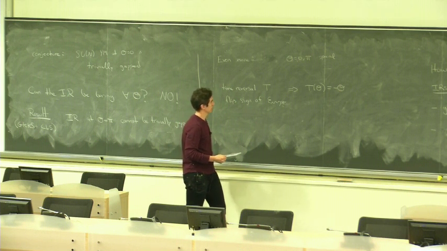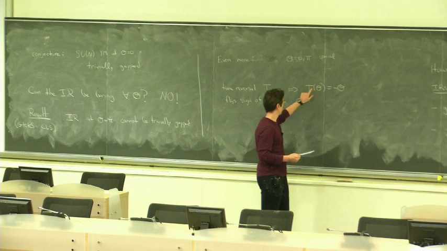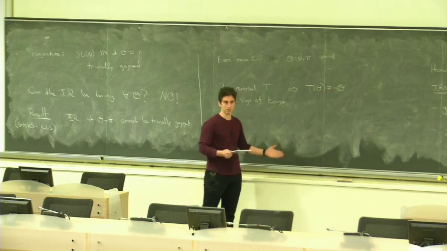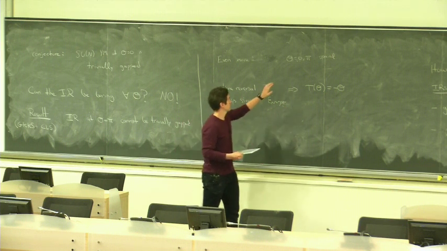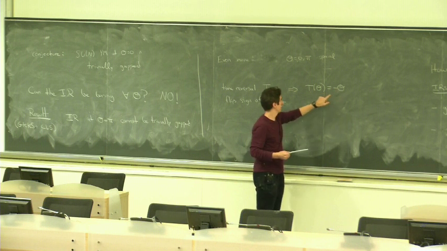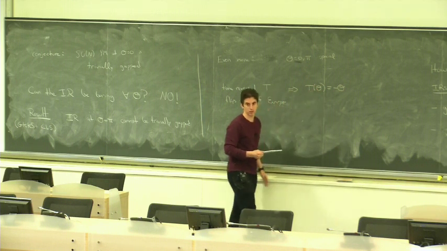So what we learn from this is that typically, for a generic value of theta, if we do this action, we don't come back to ourselves. So typically, the theta term breaks time reversal, except for at these two special places, 0 and pi, which are fixed points under this. So 0 is a fixed point, obviously. Pi is a fixed point because theta is 2 pi periodic.